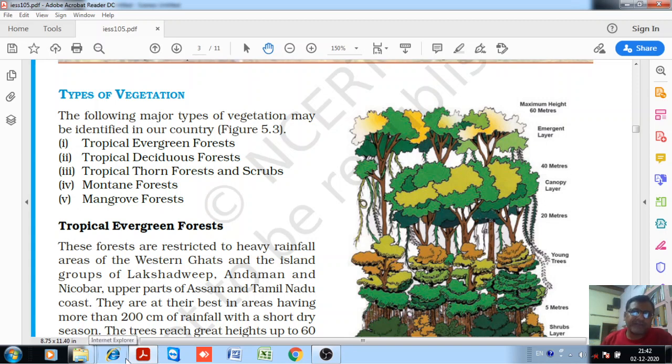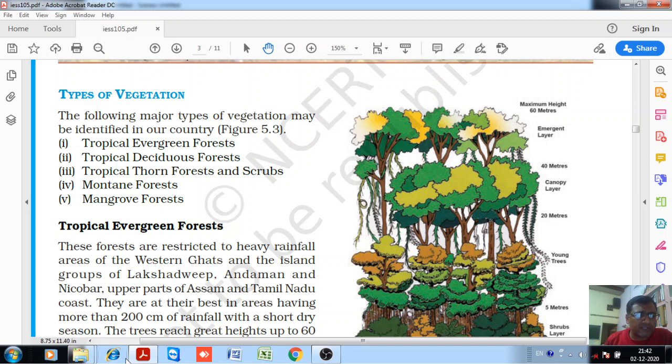Hello everyone. So now we are going to start the next topic of chapter number 5, natural vegetation and wildlife, from geography of class 9th. So here we are going to study about the types of vegetation.